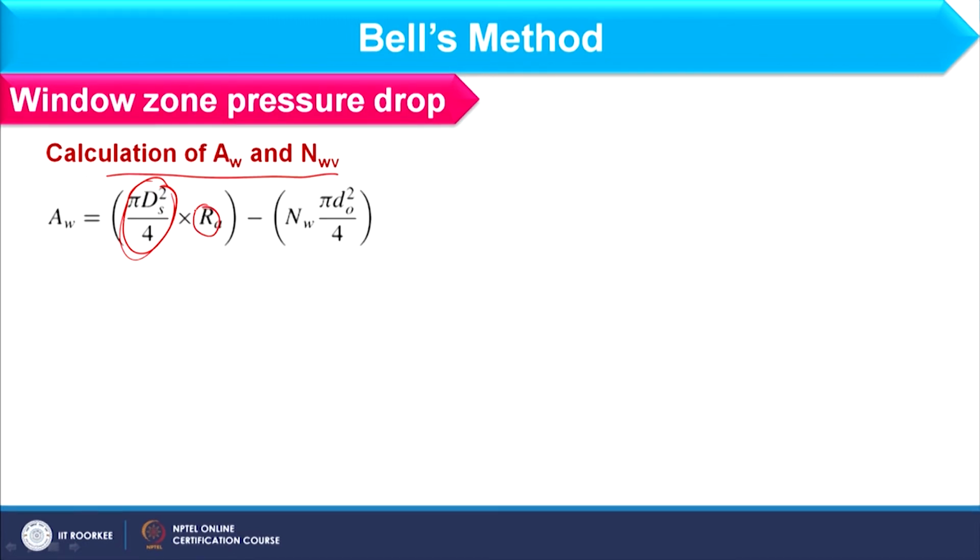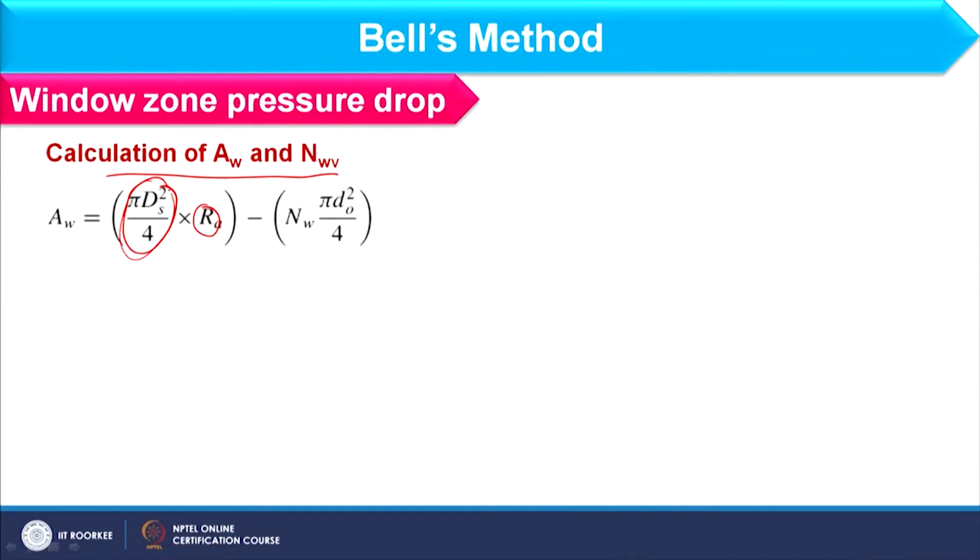And what is RA? RA we have already discussed in lecture 2 and lecture 3 of this week, and this is basically window cross sectional area by shell cross sectional area. So this will give the total window cross sectional area if I have the RA value.